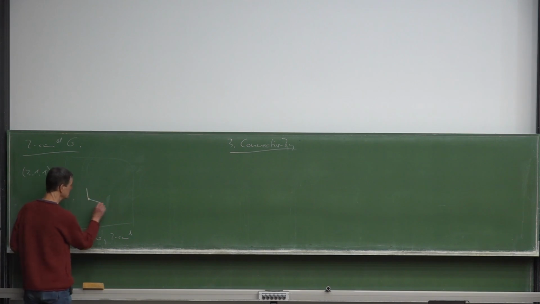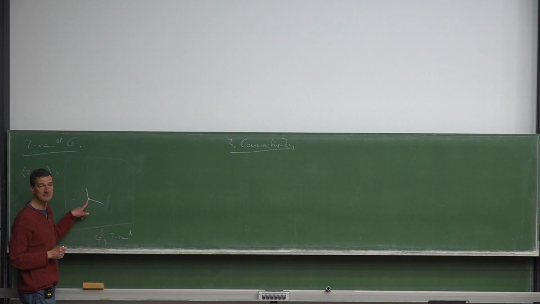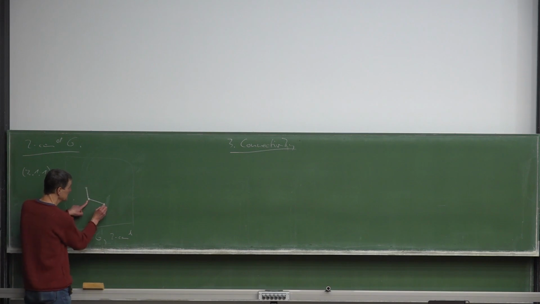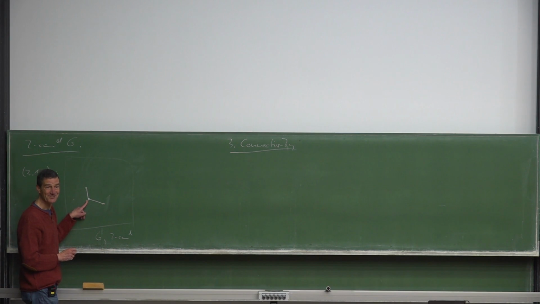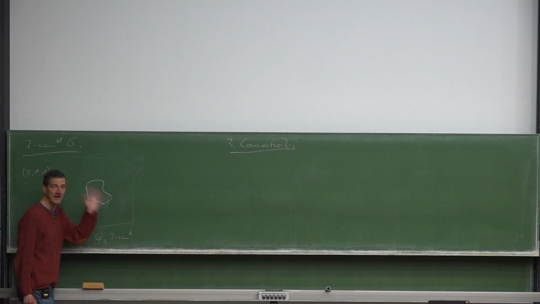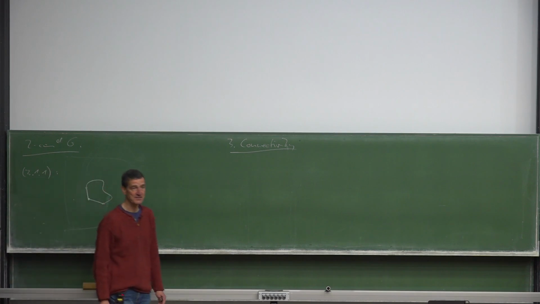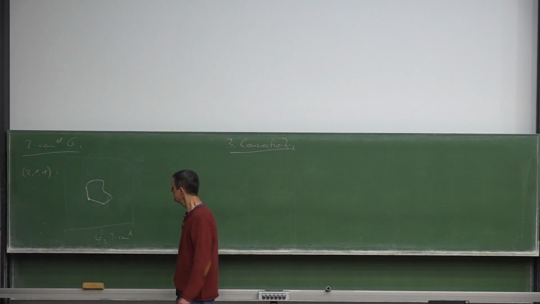So let's start with the observation that vertices have mean degree at least 2, otherwise the graph can't be two connected. And then we know that this vertex doesn't separate its neighbors. That's the definition of two connected. All right, so there's a path, and there's our cycle. Okay, very good.